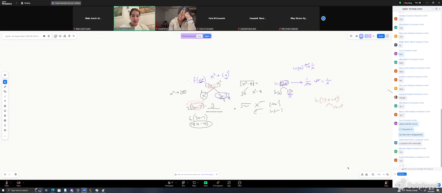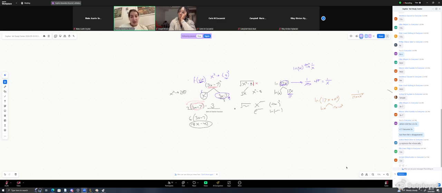And the external function is natural log of x. So first step here, we ignore the complexities of the interior function, and we just follow the rules for how to derive the external, which is put it under a 1. So I'm going to take this whole mess, 17x plus x cubed, and toss it underneath a 1.